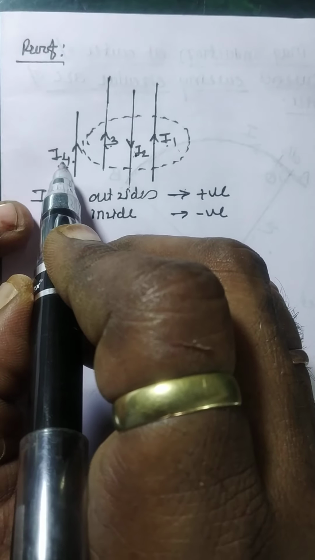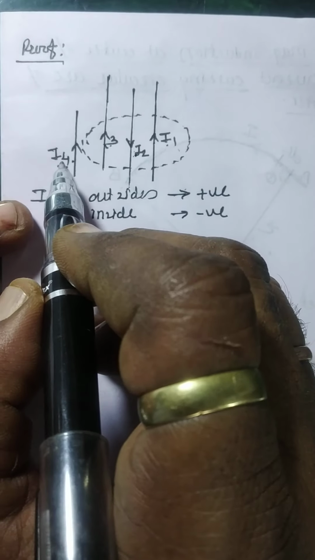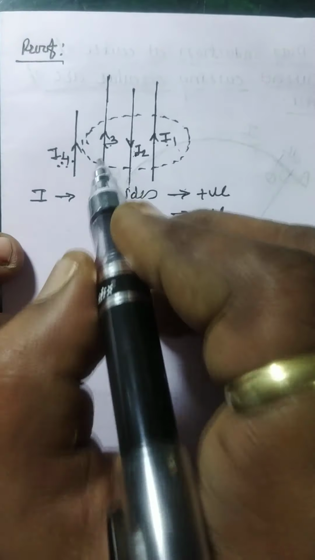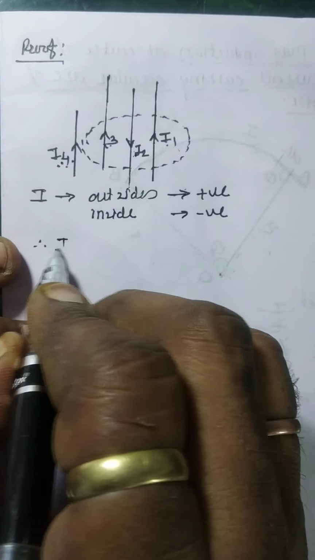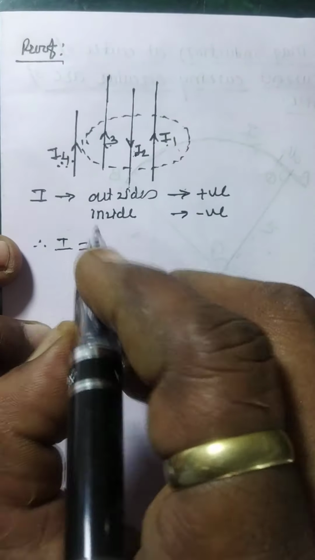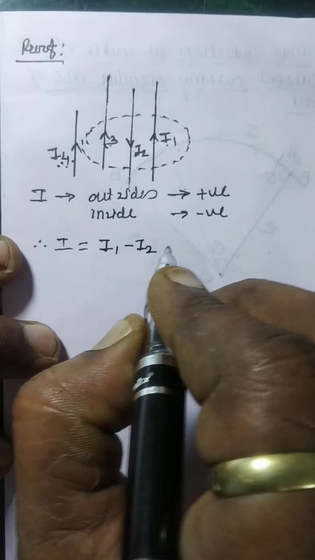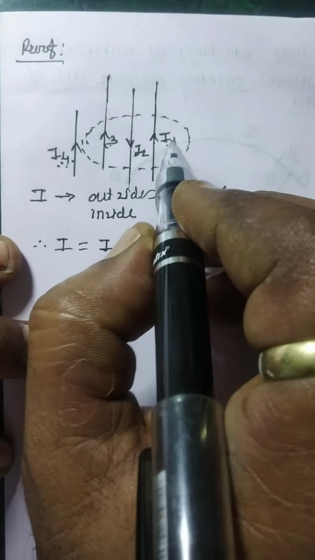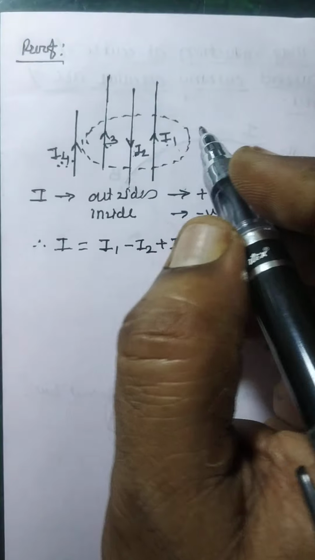Also, magnetic field due to current outside the loop is practically zero and therefore the resultant current I is equal to I1 minus I2 plus I3. This is the resultant current flowing through the conductors.